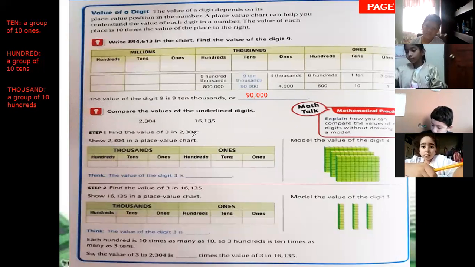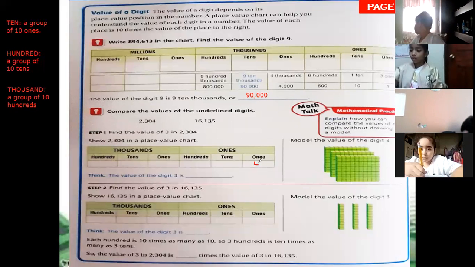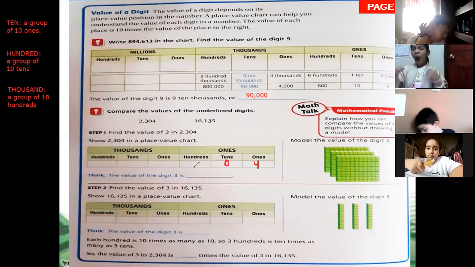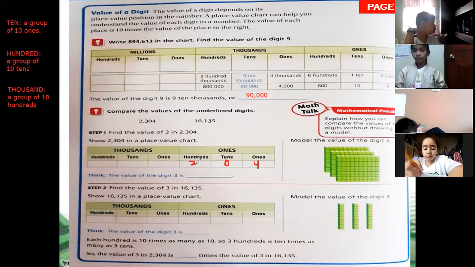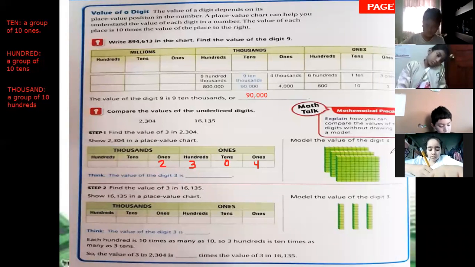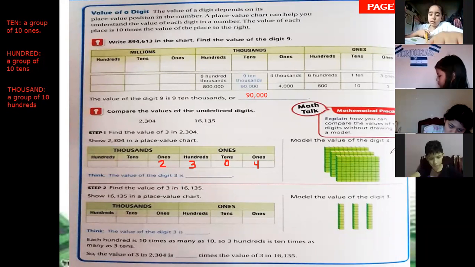We have to copy the number from right to left. So we start copying the ones. 4, 0, 3, 2. See, one number per box. One number per box. That's what we have to do.